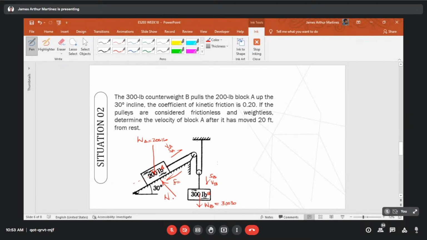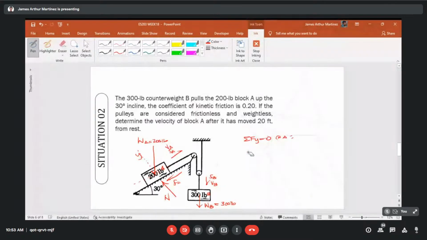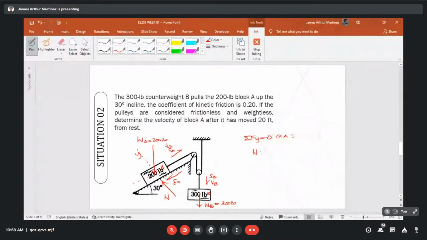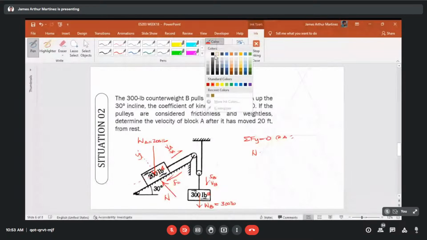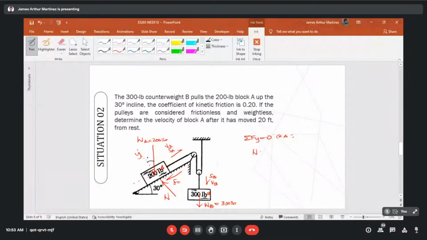So how do we solve for N? It is by summing up forces on the y-axis equal to 0 at block A. If we make this our local y-axis, with N, and establish the angle, this is also 30 degrees.